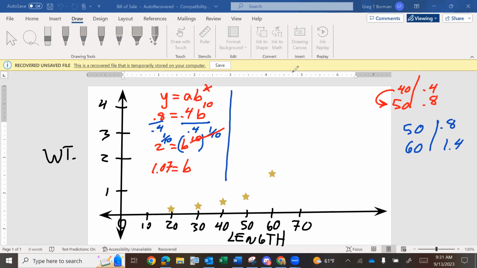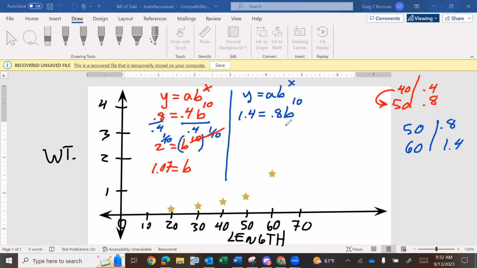So we'd say, all right, well, let's start off with our basic exponential function template. We're starting at 0.8. Our starting value is 0.8 kilograms. And we want to solve for b. So I'm going to take this other point and plug it in. Well, 60, that is 10 centimeters later, and what goes with that is 1.4 kilograms.